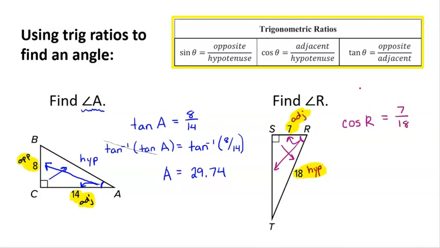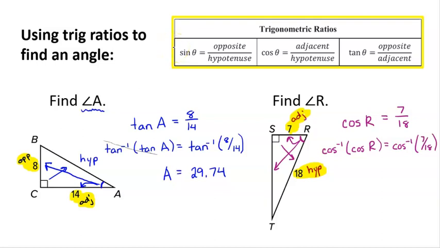And then to get rid of the cosine part, I'm going to use the inverse cosine. So I have cosine, and then it's that little -1 there. That's not an exponent, that's just telling you that it's the inverse, okay? And then we've got cosine of R, and then we're going to do inverse cosine of 7/18.